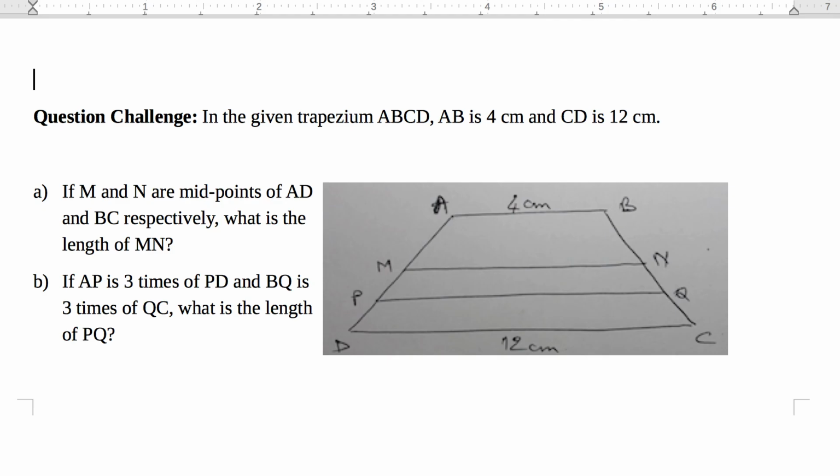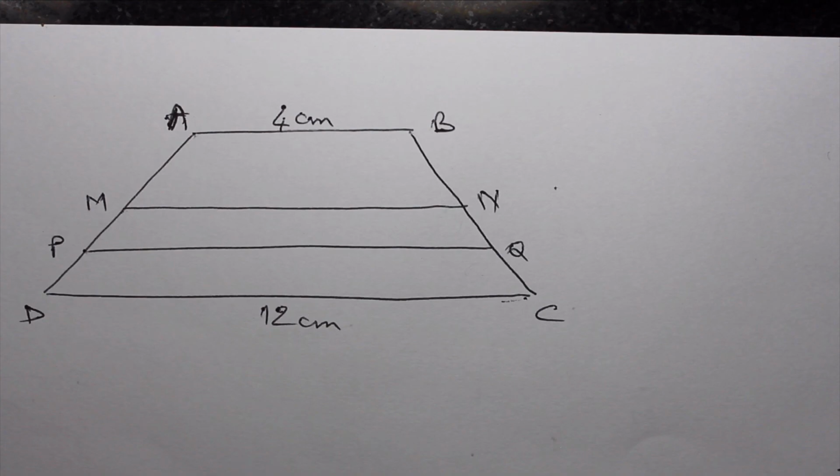Question. In the given trapezium ABCD, AB is 4 centimeters and CD is 12 centimeters. A. If M and N are midpoints of AD and BC respectively, what is the length of MN? B. If AP is 3 times PD and BQ is 3 times QC, what is the length of PQ?